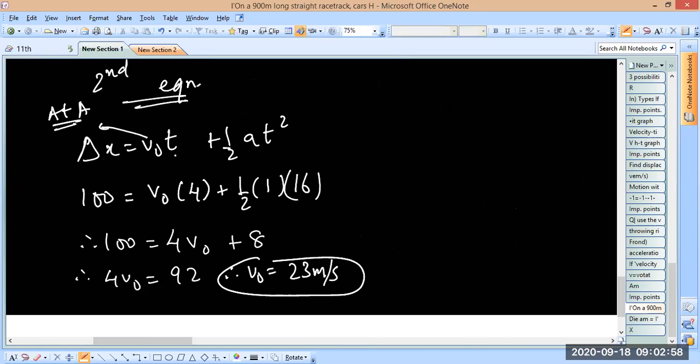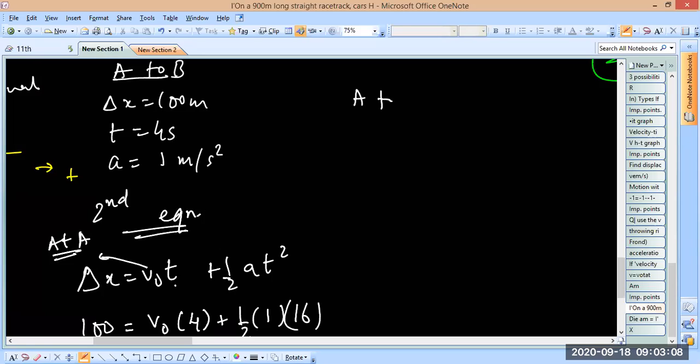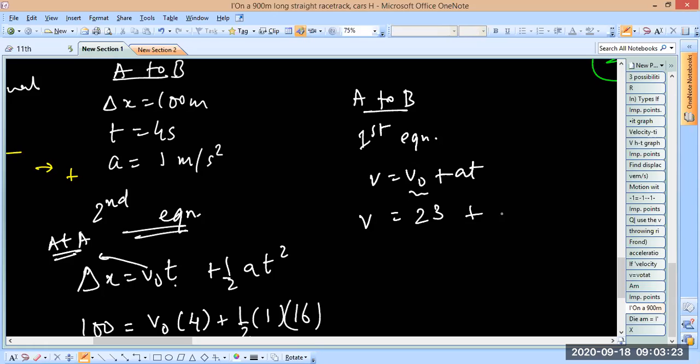That means when the vehicle crosses A, it is going to be 23 meter per second. Now we can easily find it for B by using the same interval A to B, and using the first equation. V equals v0 plus at. Final velocity at B we don't know. Initial velocity at A we know, 23 plus 1 into 4.